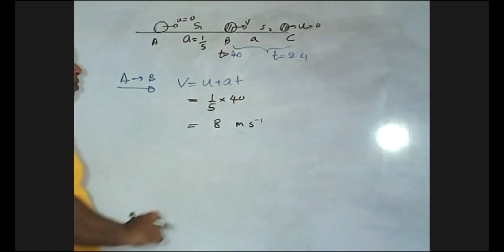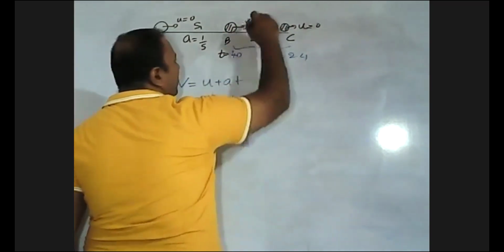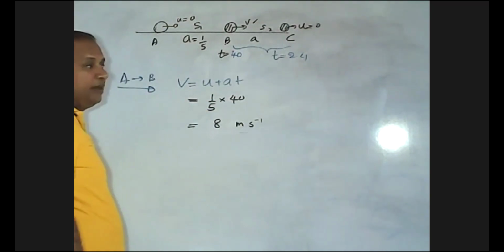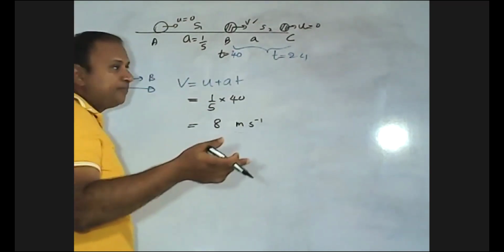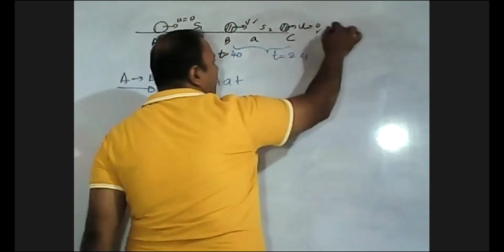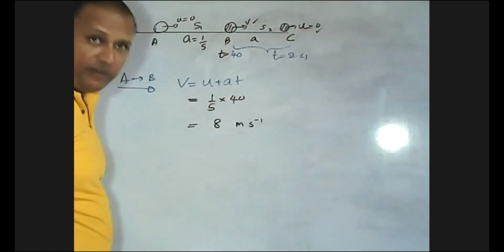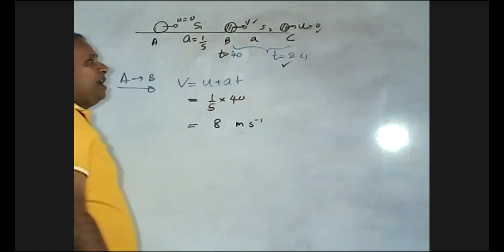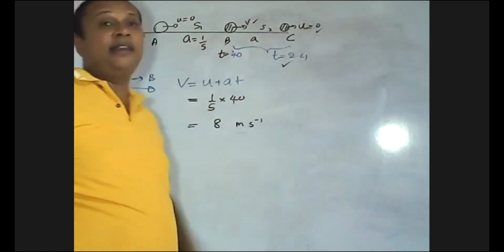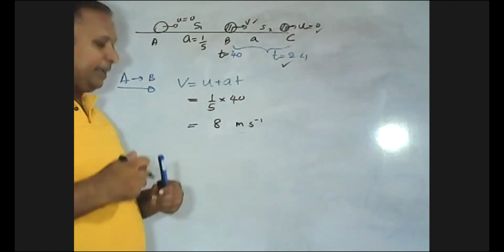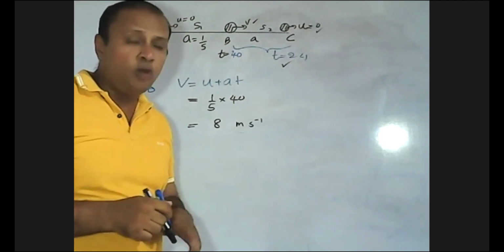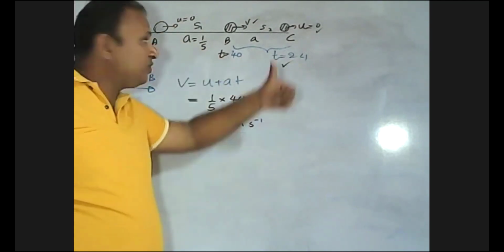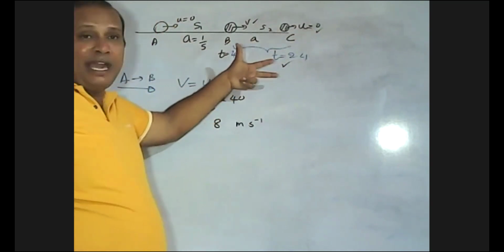Okay. Now I know the value of V, the initial velocity, and I know the final velocity and the time. I have to find the acceleration. What are the variables that you know? The initial velocity, final velocity and time.